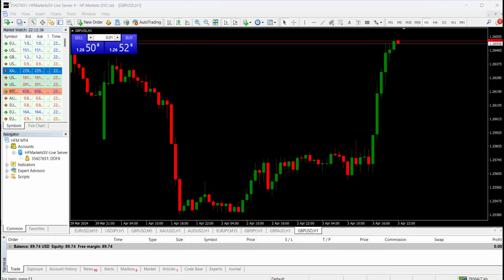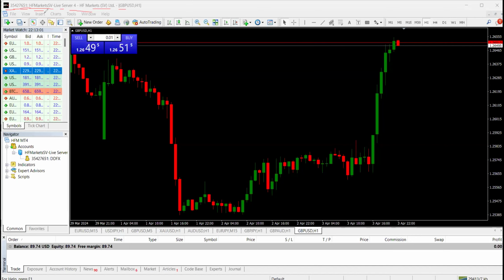All right, now let's look at the navigating points of it as well. I'm going to start with the top here where I'm drawing the red line. I just want to make sure you see everything one by one. So we have a logo, something black in the corner. That's the logo. You then see the account number. Then you see the trading platform, the broker. So this particular account is HF Markets SV. The SV actually means the current account I have right now is regulated by St. Vincent, a regulatory country as well.